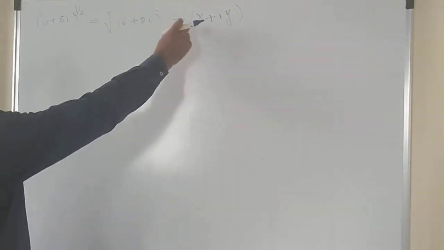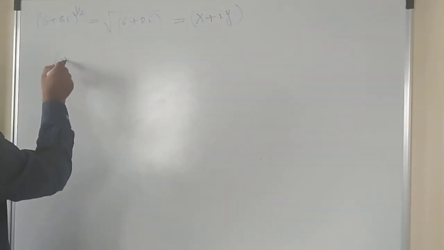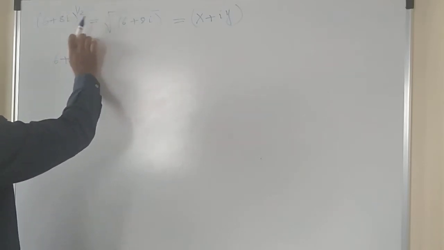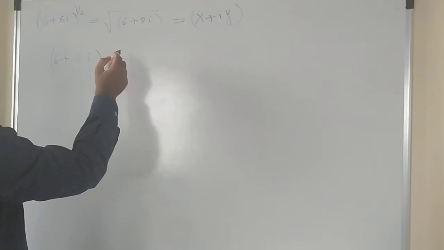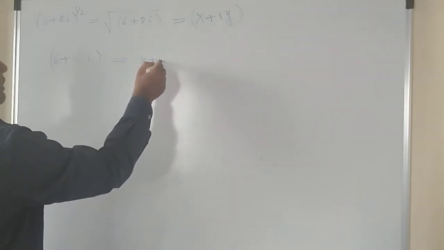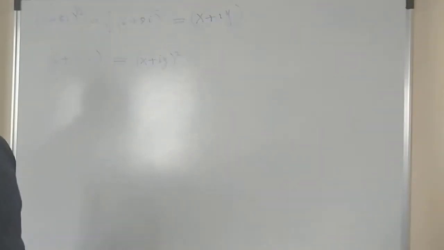I can square both sides, and if you square both sides you will get 6 plus 8i equals the square of x plus iy.